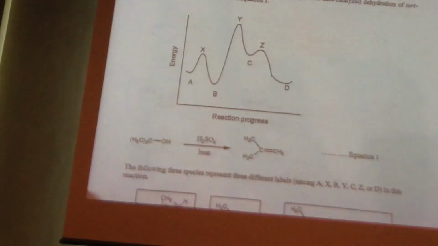Okay, and this is really the energy diagram that we talked about a few minutes ago. You need to figure out what that really means. There are different letters associated with different stages.